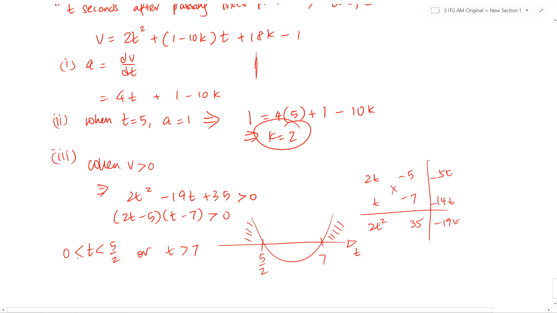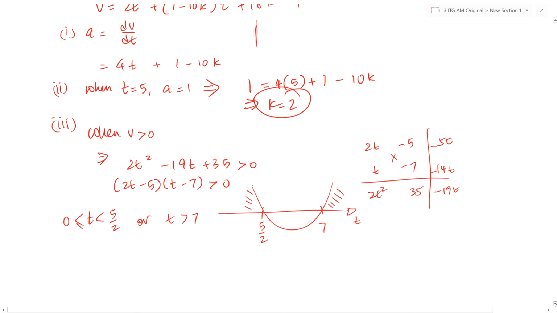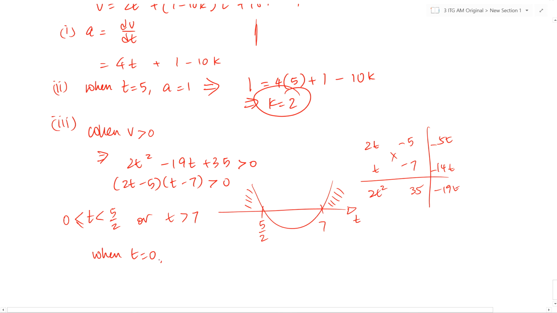Notice that I did not include equal to 0 because when time equals to 0, our velocity is, did we find out? We should, because when t equals to 0, our velocity is 2 times 0 squared plus 1 minus 20 is negative 19 times 0 plus 36 minus 1, which is 35, which is greater than 0.